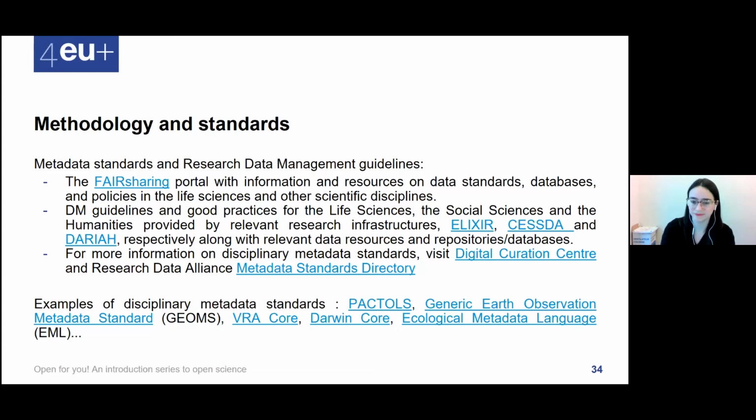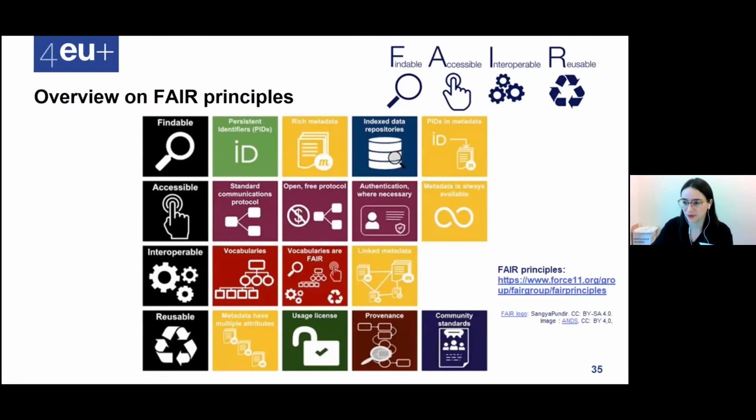So, the FAIR principles. The first step is to find data, so they have to be findable. Metadata and data should be easy to find, for both humans and computers.